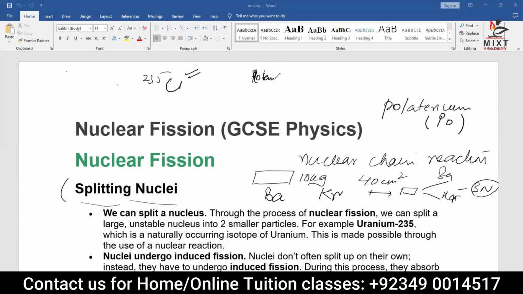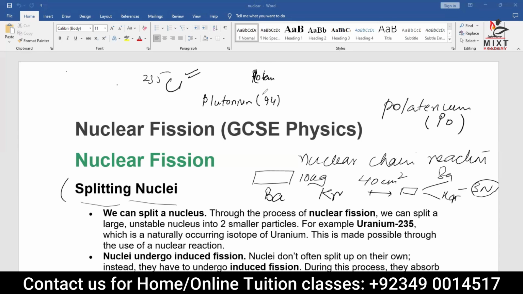Plutonium. I don't know the spelling exactly, but that material is also used for this purpose. Just a minute, let me check it out. Yes, plutonium. Plutonium has atomic number 94.